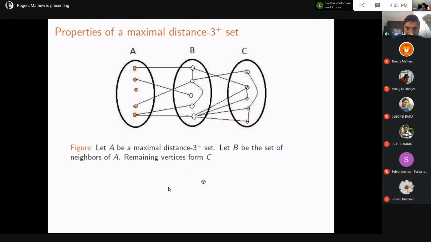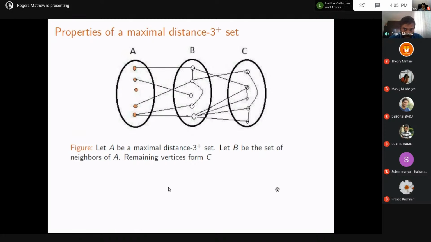And the second property of this maximal distance 3 plus set was, you take any vertex outside A, it will be at a distance of 2 from some vertex in A. So if you look at this vertex where my mouse pointer is, it's at a distance of 2 from this red vertex, and therefore I cannot add this vertex to A. Similarly, this vertex is at a distance of 2 from A. This is at a distance of 2 from A. Now, if you take this vertex, it's at a distance of 1 from a vertex in A. So you cannot add any more vertex to set A. It's maximal with respect to this distance 3 plus property.